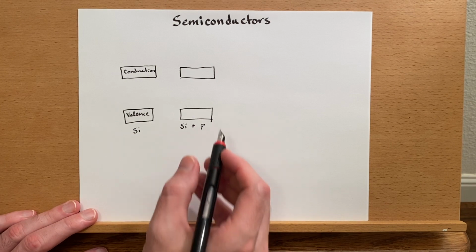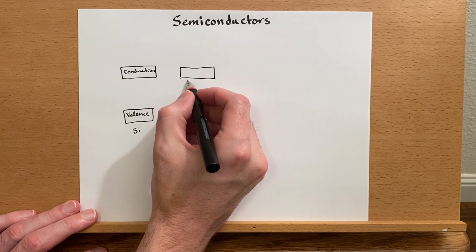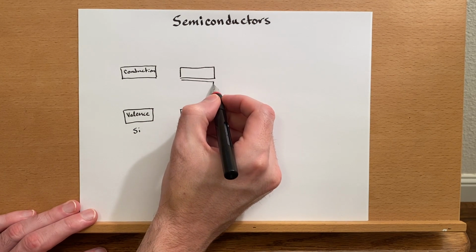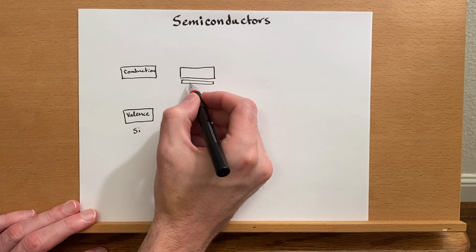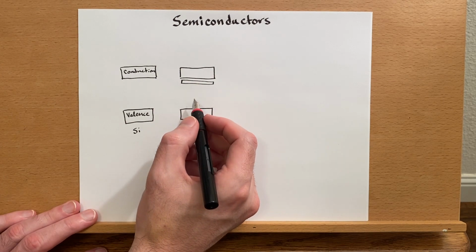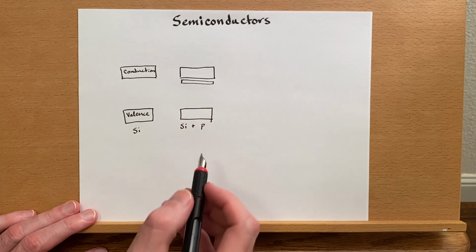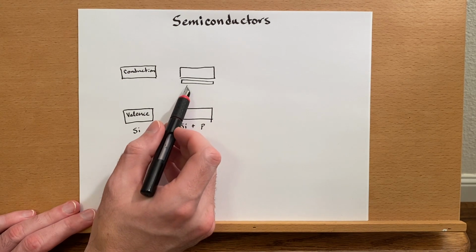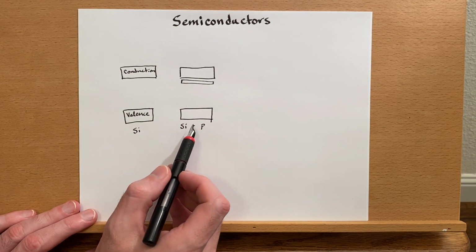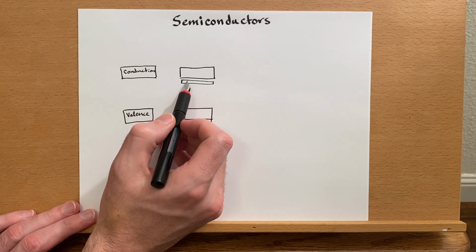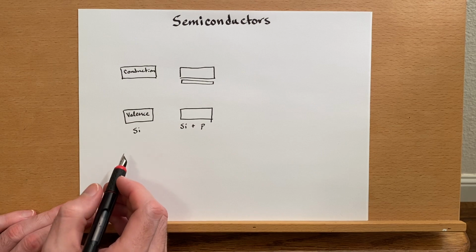And it turns out that those valence electrons sit in a little band much, much closer to the conduction band. So it's a lot easier to get this material to conduct electricity because we have electrons very close to where they need to be in the conduction band.